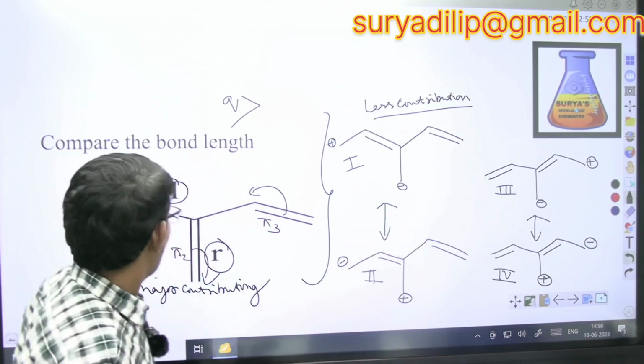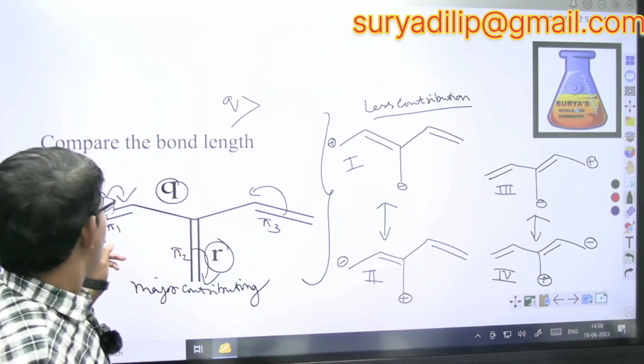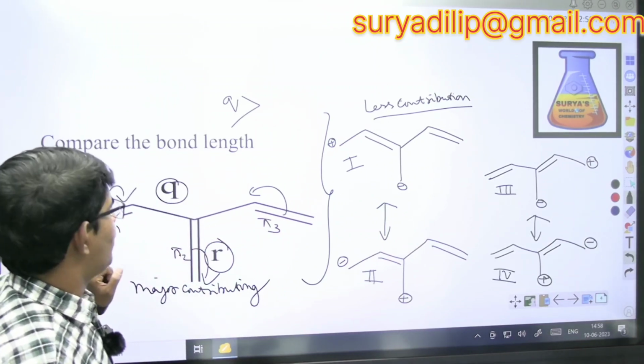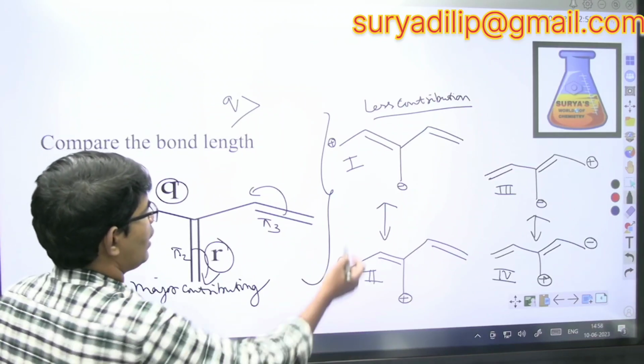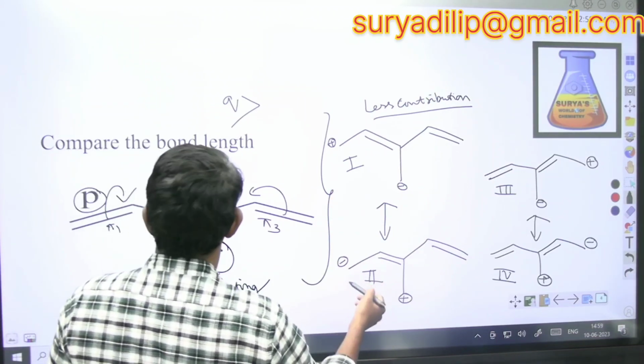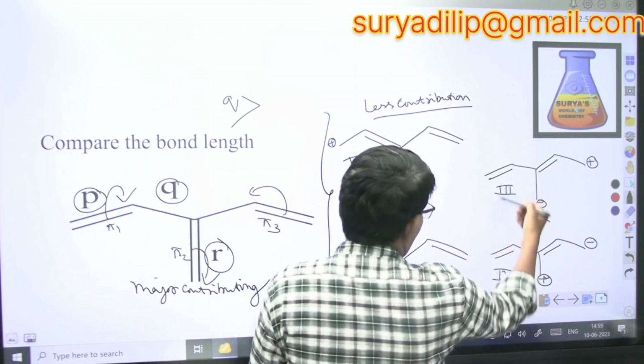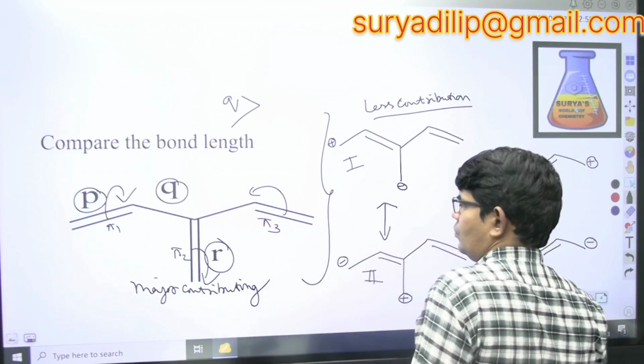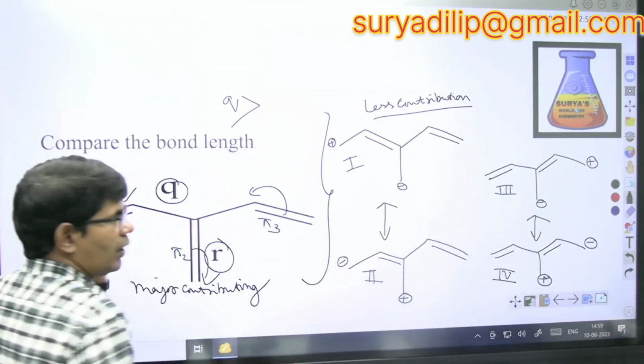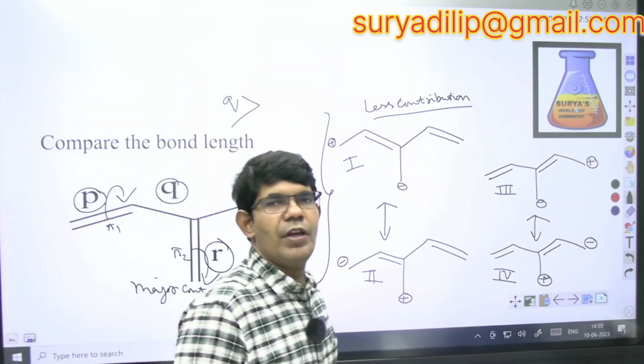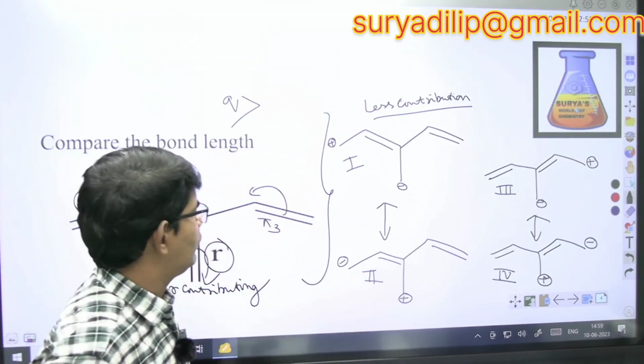In 1 and 2, the carbon-carbon bond for P is single bonded. In 3 and 4, it is double bonded. So two resonating structures have P double bonded.